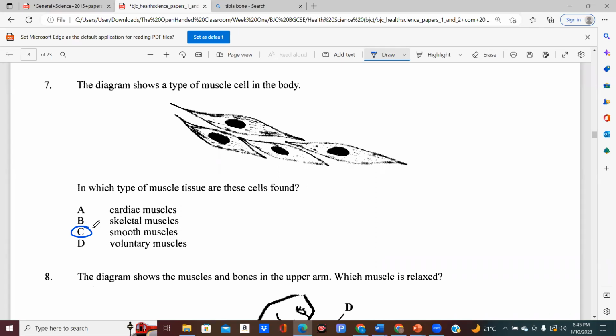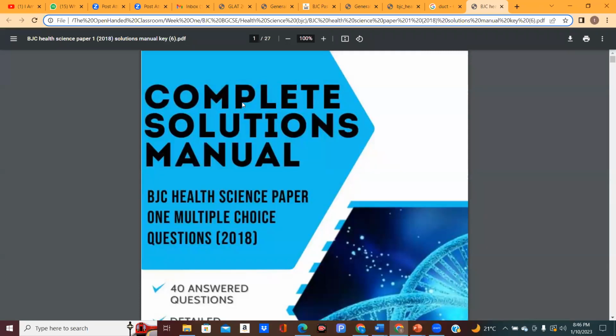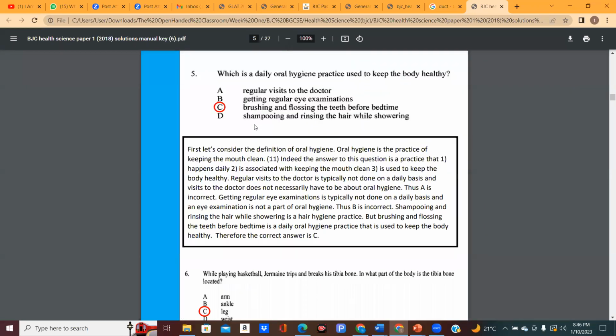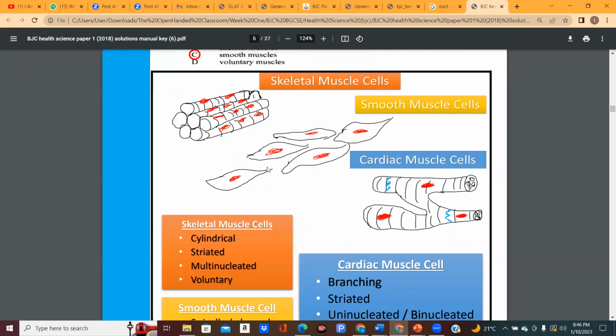So the skeletal muscle, it basically has kind of spots around the muscle. I don't know how to really explain it. Okay, so it has little dots. Let me show you. It's very tight together.